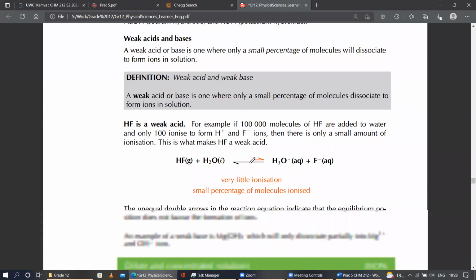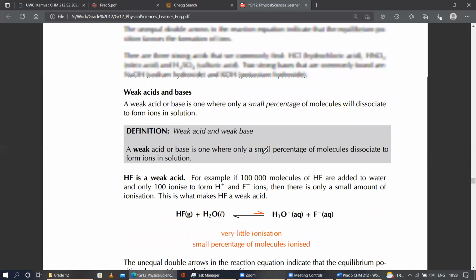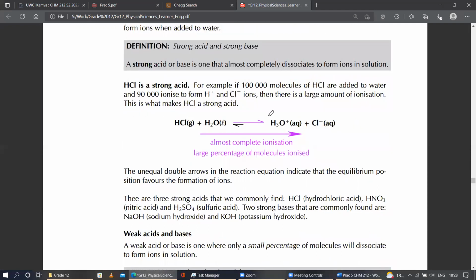So basically, these arrows here just show that there's little ionization, and this one shows that there's complete ionization.